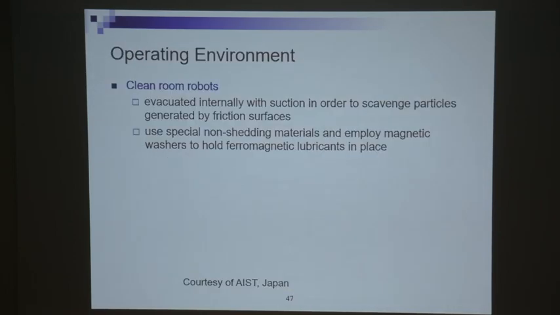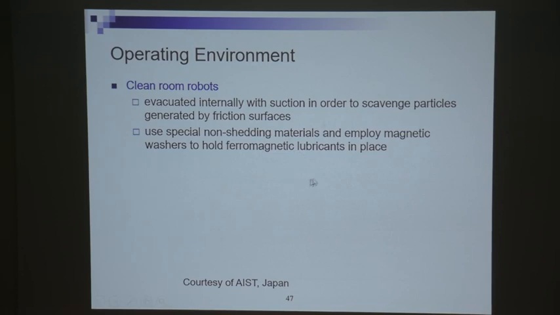When you're designing the robot, you also have to consider the operating environment. For example, if the robot is to be used in a clean room environment, you have to evacuate internally with suction in order to take away all the particles generated by the friction surfaces.